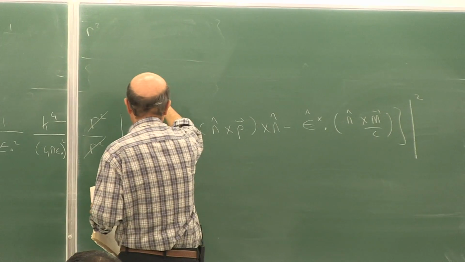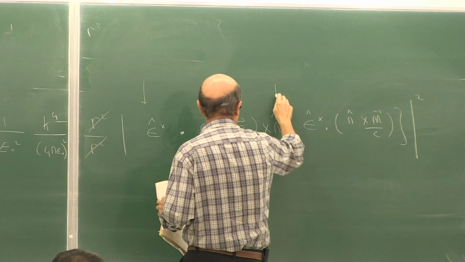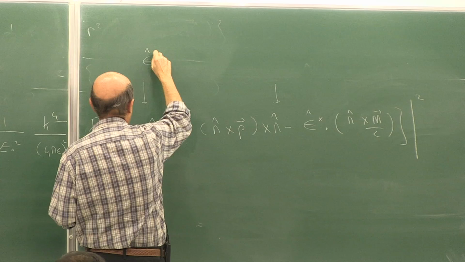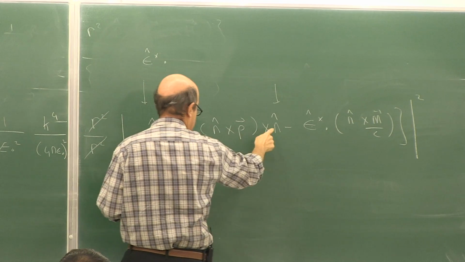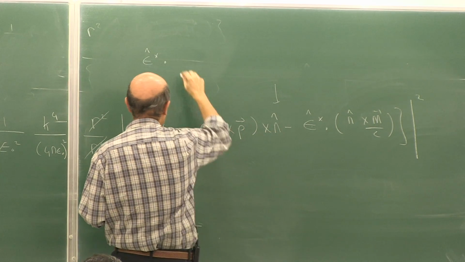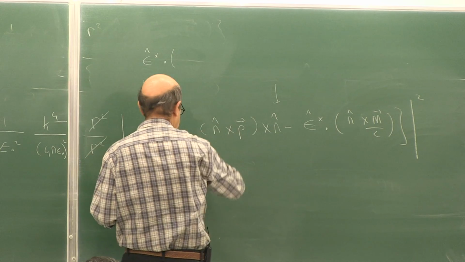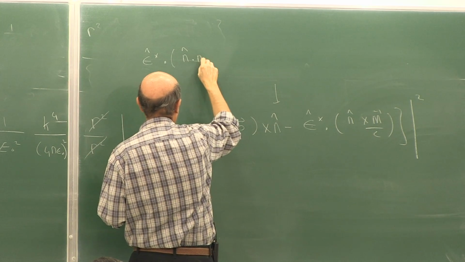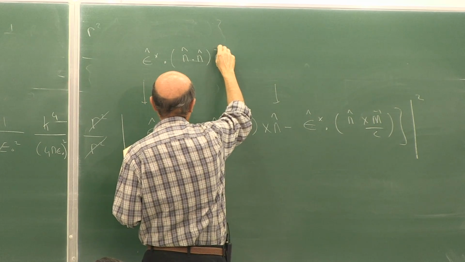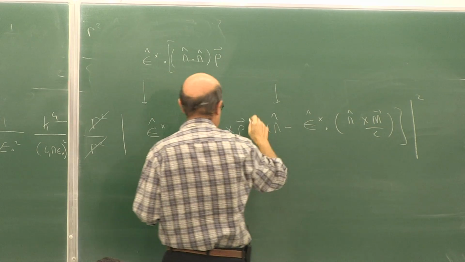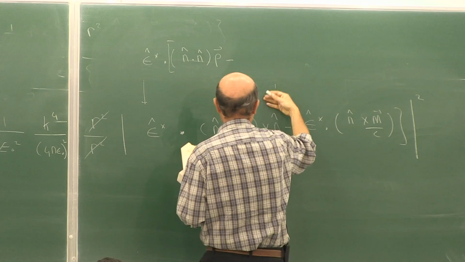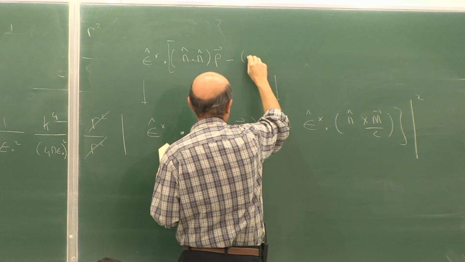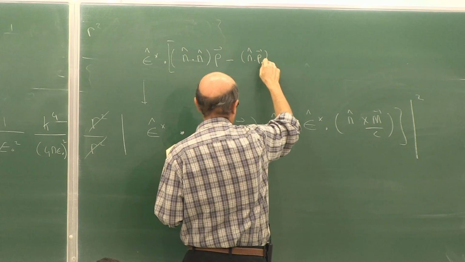So the above term could be written in the following form: epsilon complex conjugate dot. So what is this? Double cross product, and this double cross product is nothing but n dot n along p minus n dot p along n.